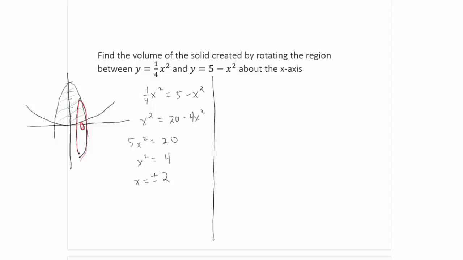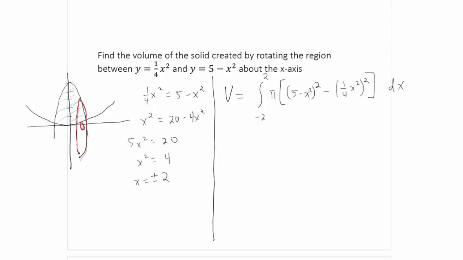Alright, so then the volume would be equal to the integral from negative 2 to 2 of pi times the outer radius, the 5 minus x squared, minus the inner radius, which is 1/4 x squared, dx.